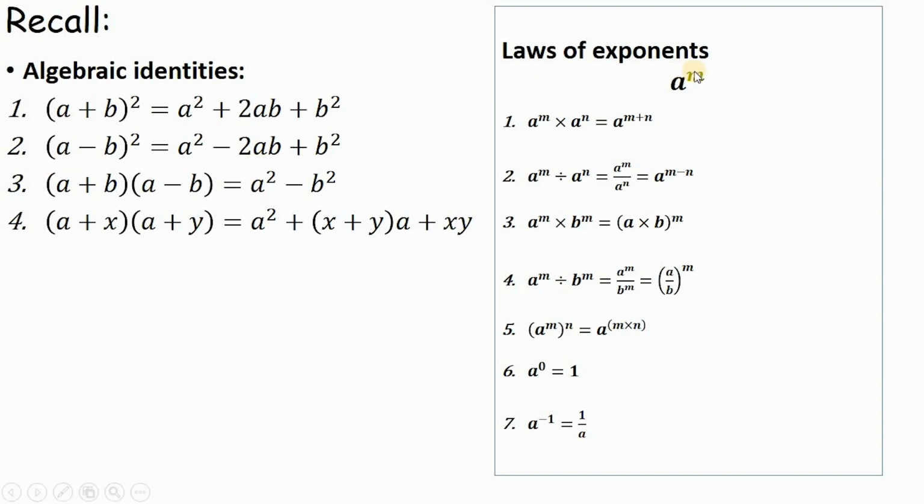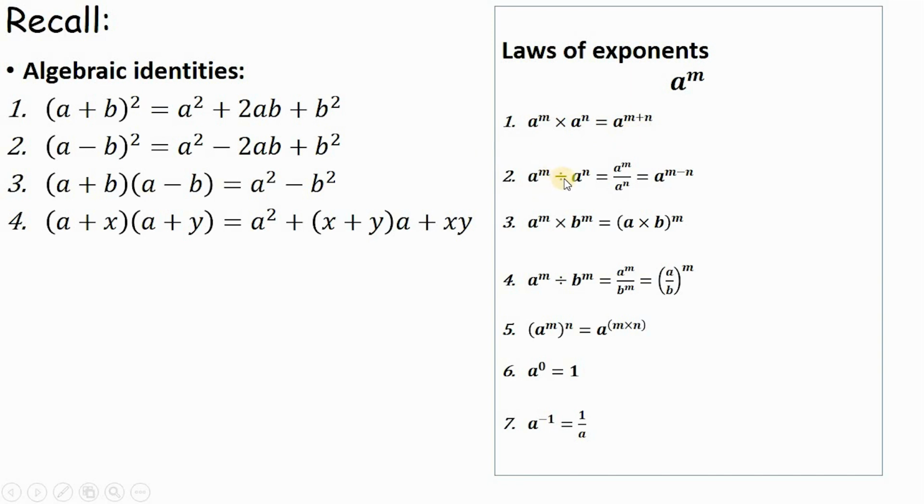And in the laws of exponents, we have studied 7 laws, and here we have given an example, a raised to the power m, where a is the base and m is the exponent or power. When the bases are the same and powers are different during multiplication, we take the base common and add the 2 powers.